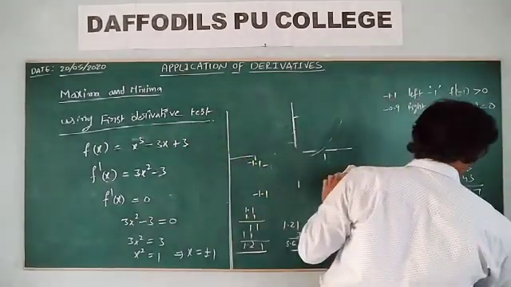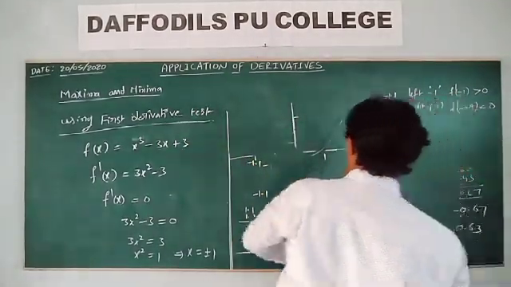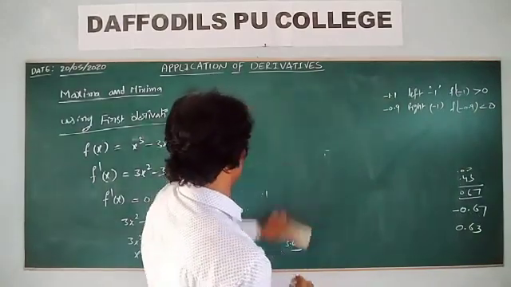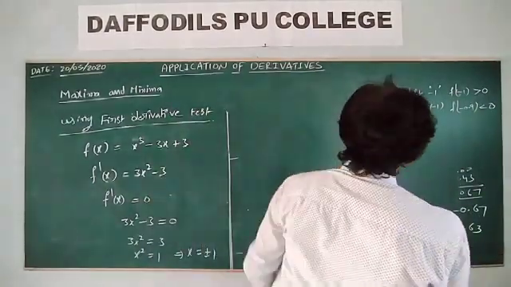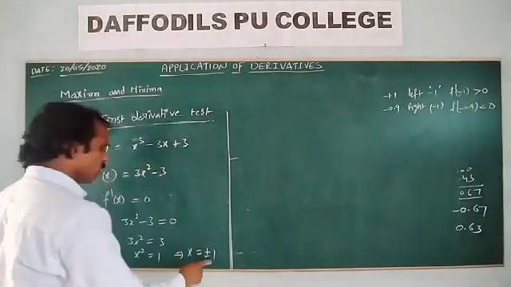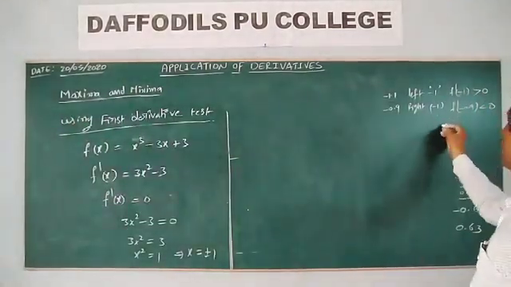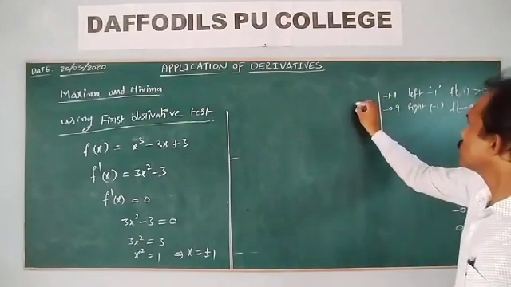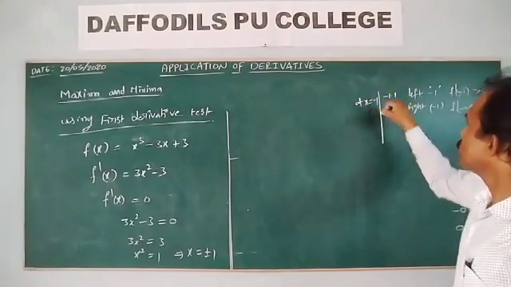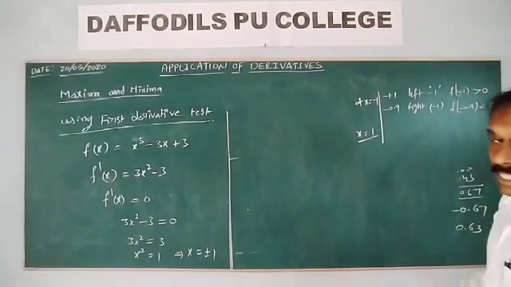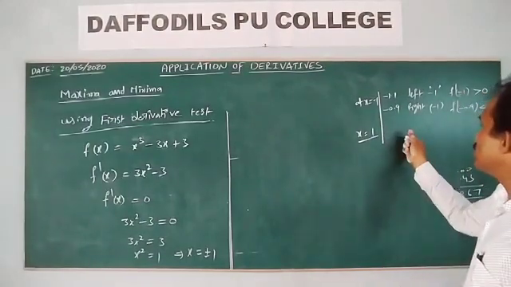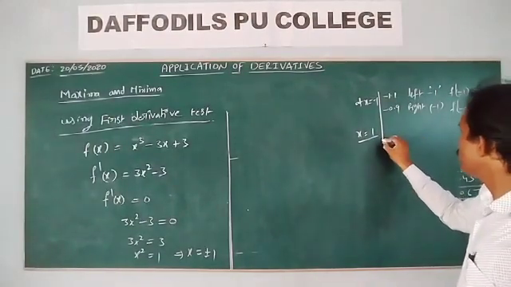This is 0.63. Right. Next up, at 1 we'll see. At x is equal to 1. What is the value?